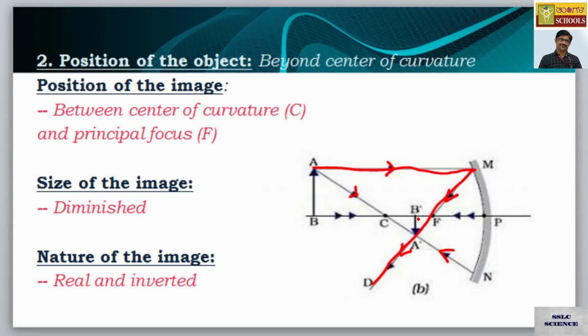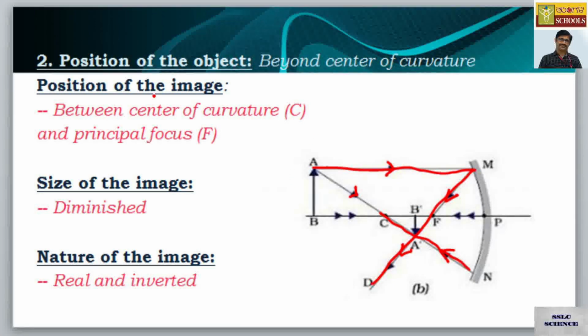In between C and F, you are getting the image A dash and B dash. So after getting these two rays right, you will get the intersecting point here. The light ray which is parallel to the principal axis must pass through F, and the ray which is passing through the center of curvature should pass through C like this. So at the point of intersection with respect to the principal axis, you will get the image A dash and B dash.